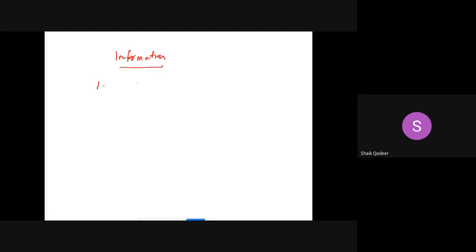Point number 1. Contact. What is contact in PLC? Any idea? Input to PLC. Second term is coil. What is coil in PLC?